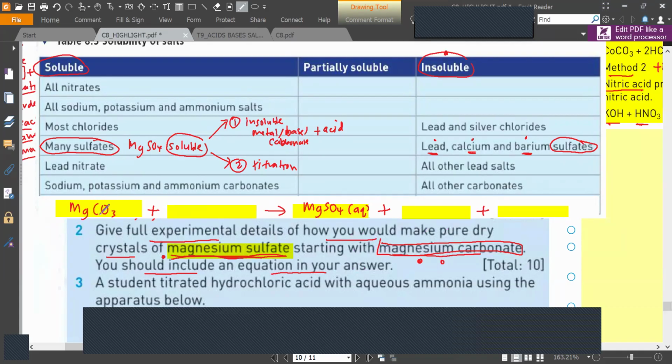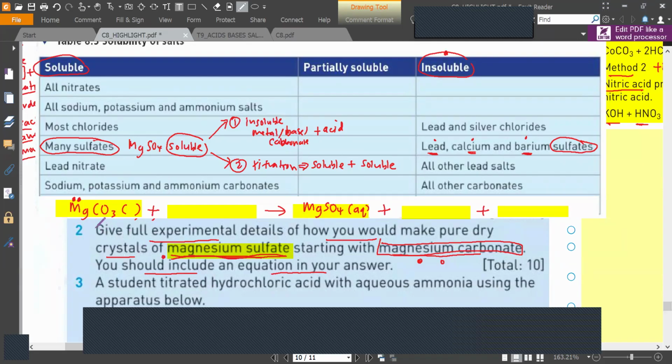Let's check: is magnesium carbonate soluble or insoluble?